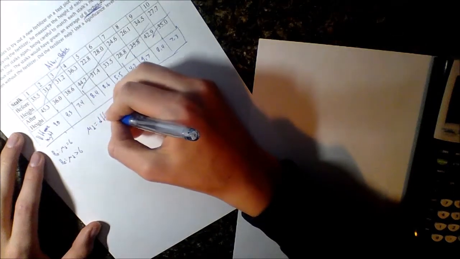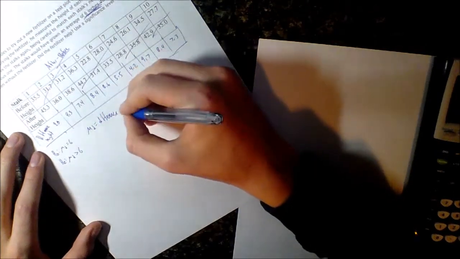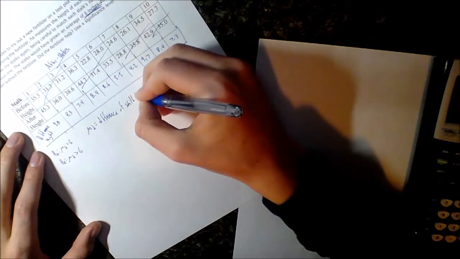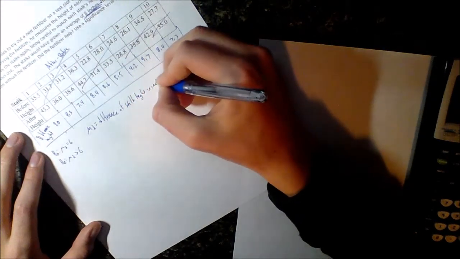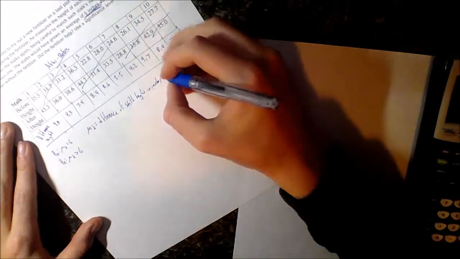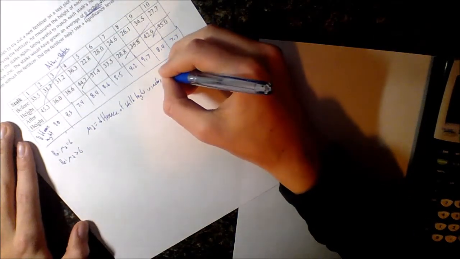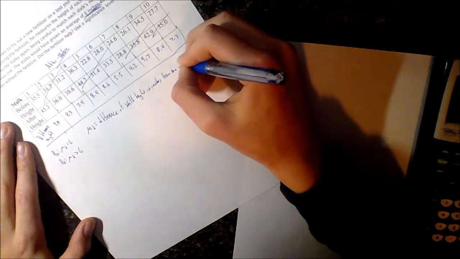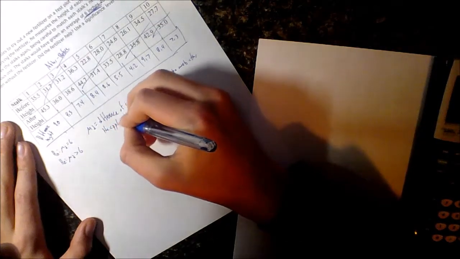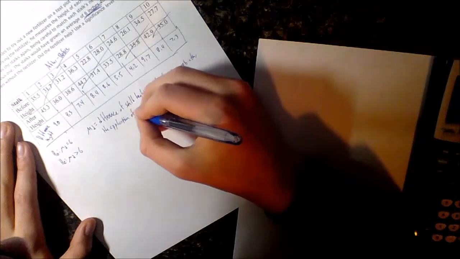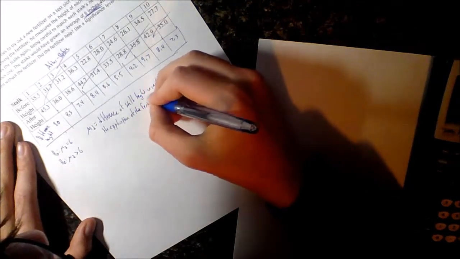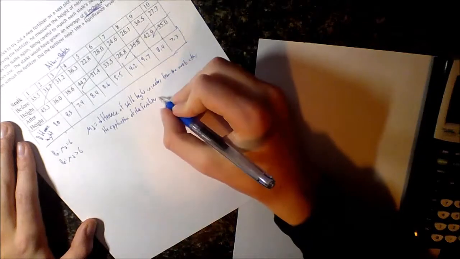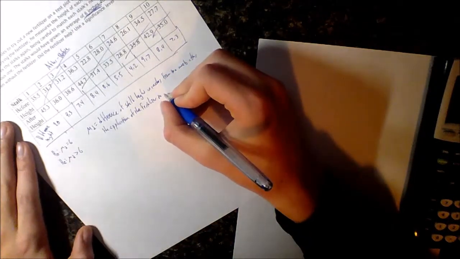Then define your terms. mu sub d is the difference of stalk height in inches from 2 weeks after the application of the fertilizer to when the fertilizer was applied.